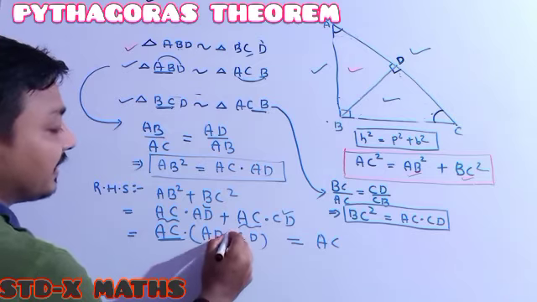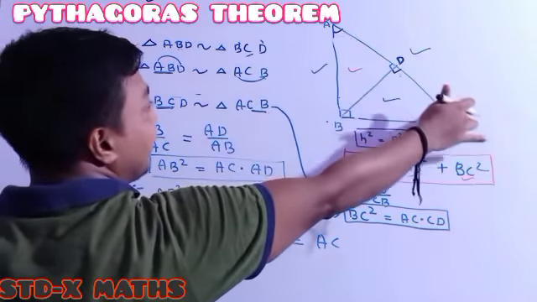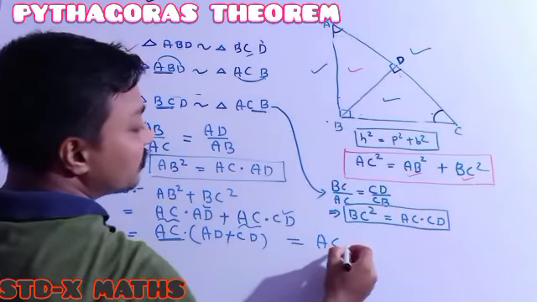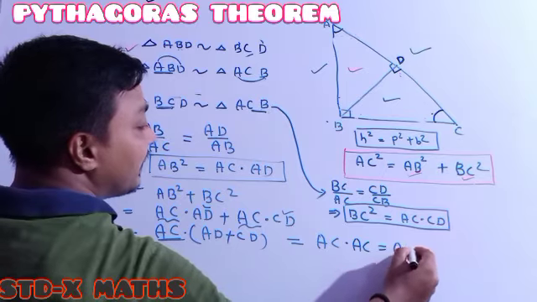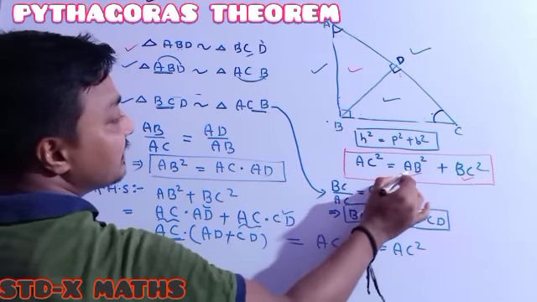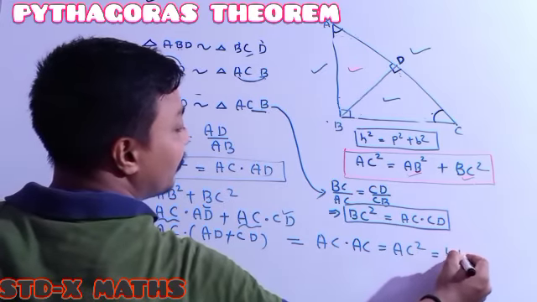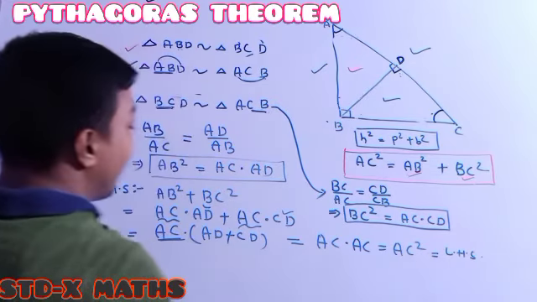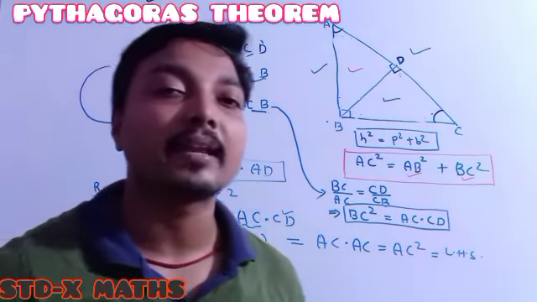AD plus CD will be our AC. So AC into AC gives us our AC square. I started from the right side and I got the LHS. So AB square plus BC square is equal to AC square.